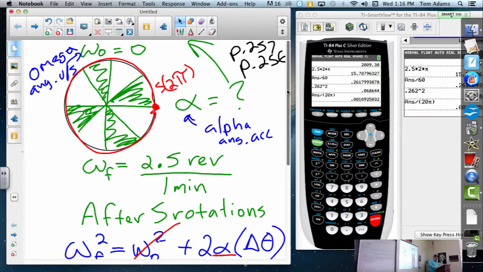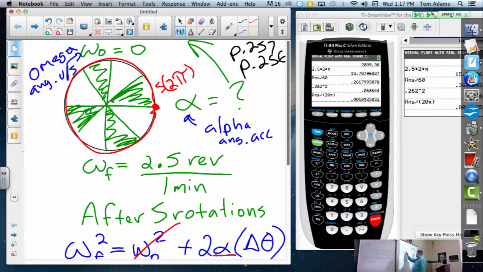It says a merry-go-round accelerating uniformly from rest achieves its operating speed of 2.5 revolutions per minute in 5 revolutions. What is the magnitude of its angular acceleration? In other words, how many degrees per second does this thing keep moving? Okay?